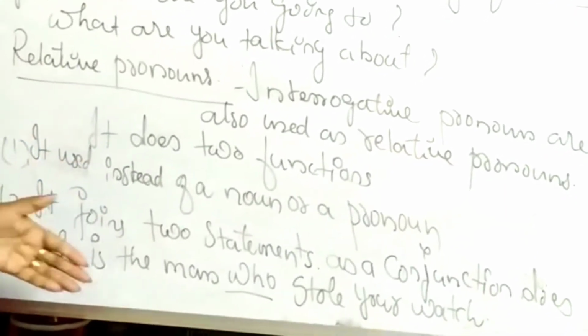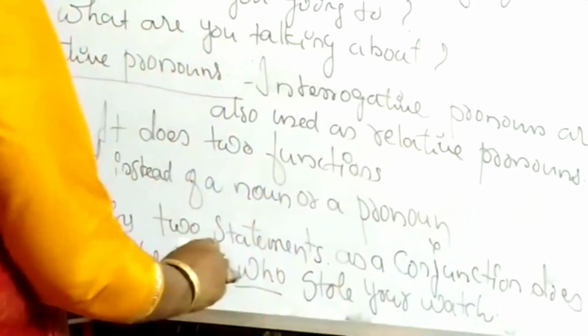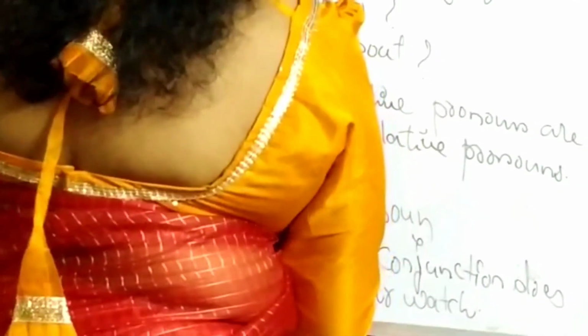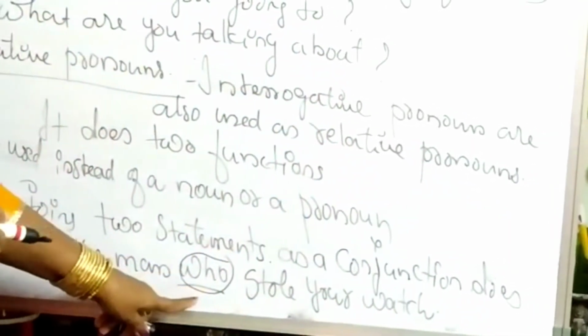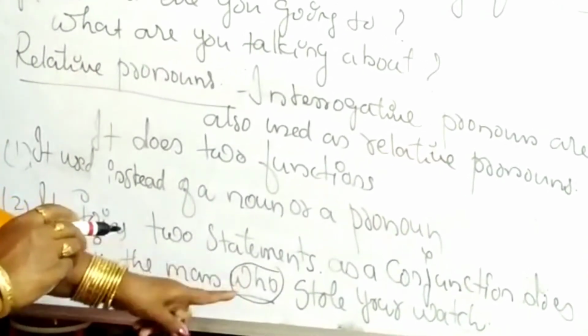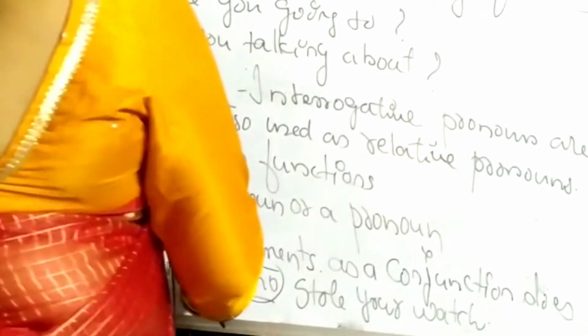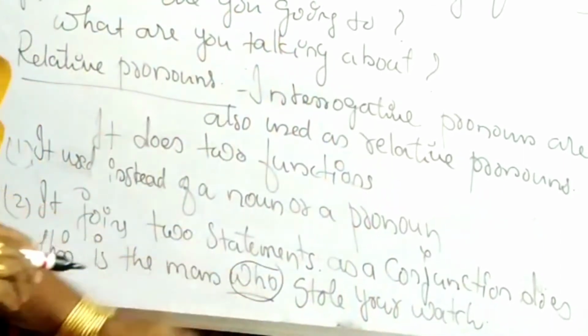For example, this is the man who stole your watch. Here this is an interrogative pronoun only, but we have used this pronoun in the middle of the sentence to join this part and this part. Two parts it is joining with this who.